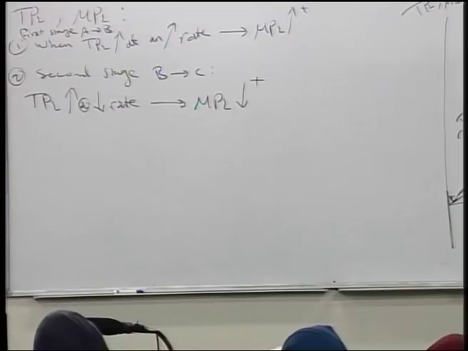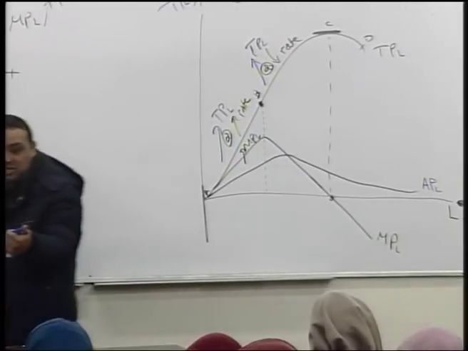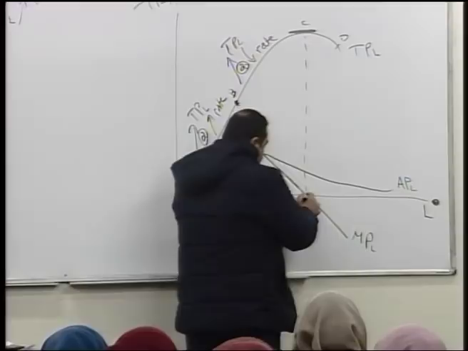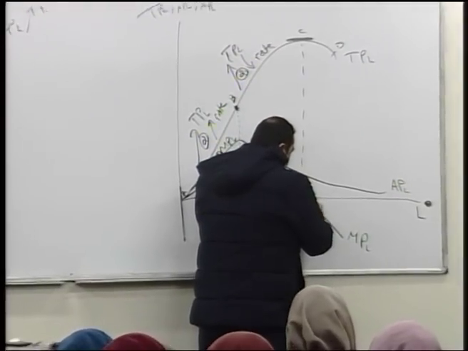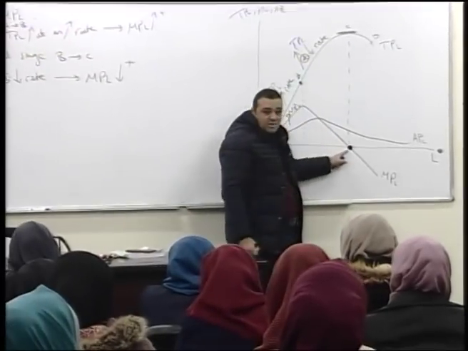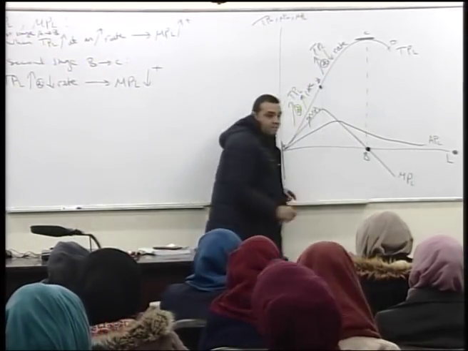Here, when the total production of labor reached the peak, at the peak of total production of labor, the marginal production of labor reached zero here. At which worker number? It is at worker number 8.